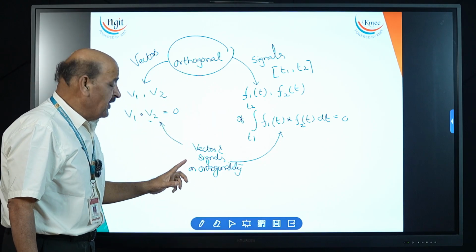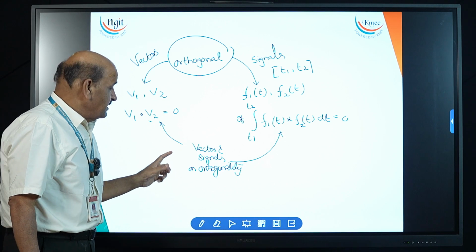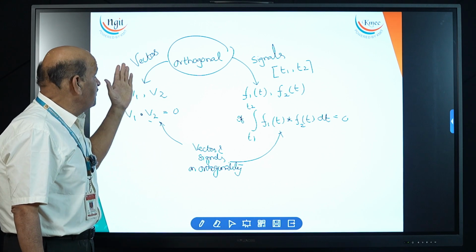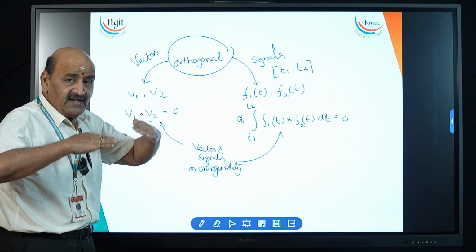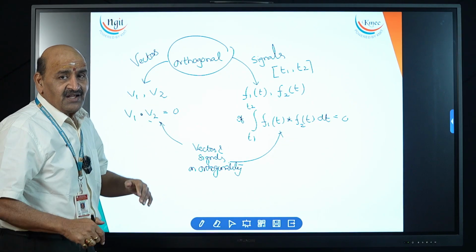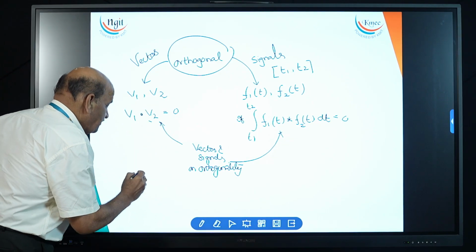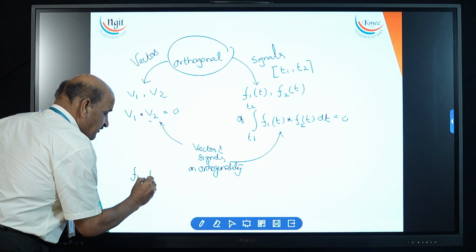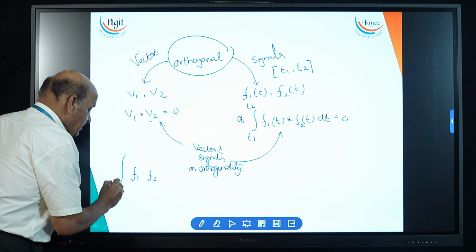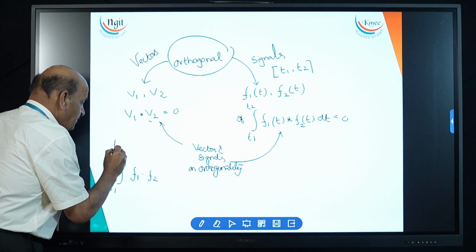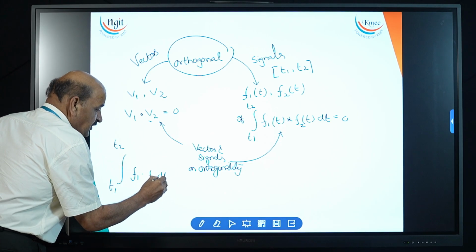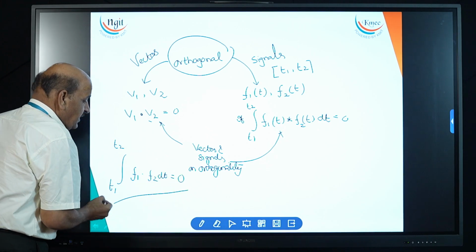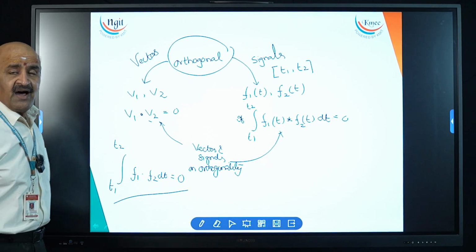One more point, I am repeating the important point. The orthogonality principle is common to vectors and signals. That's why these two are compared to each other. So two signals are said to be orthogonal if F1 is a signal and F2 is a signal, and between the time interval T1, T2 with respect to variable t, the integral of their product equals 0.